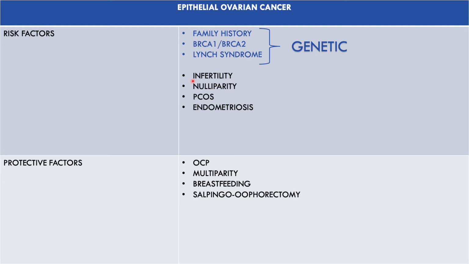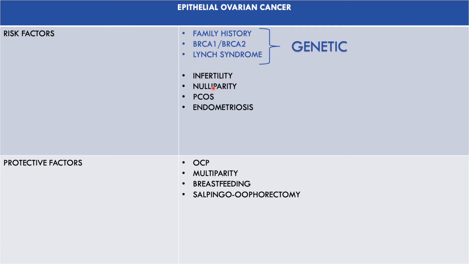And so these conditions mentioned here, infertility, nulliparity, PCOS, or endometriosis, share one common theme in that there is damage in the ovary, okay? With nulliparity, for example, because she did not get pregnant at all, she's always ovulating every cycle, okay? So nothing has stopped ovulation, or there is no pregnancy to stop it.